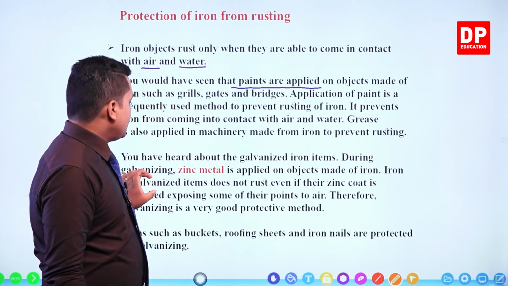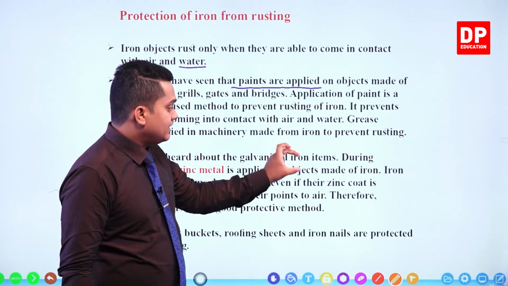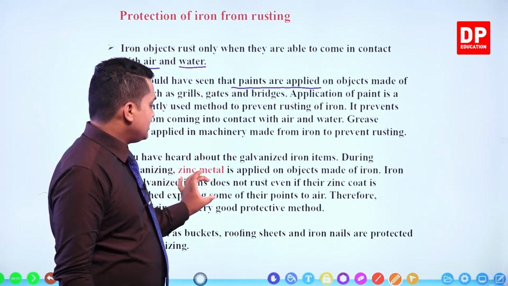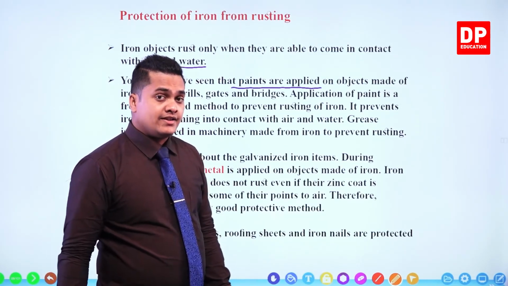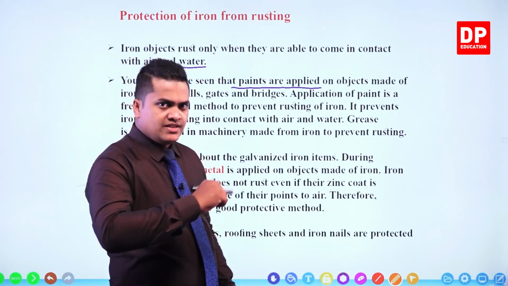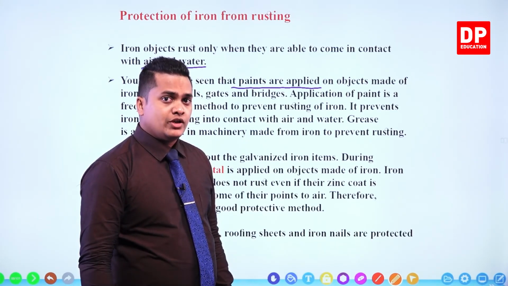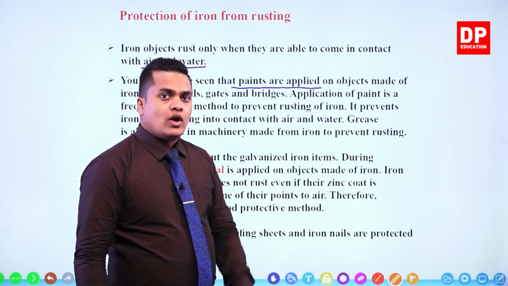Iron in galvanized items does not rust even if their zinc coat is scratched, exposing some of their points to air. The specialty here is that after galvanizing, you can even scratch it, and there is no iron rust.